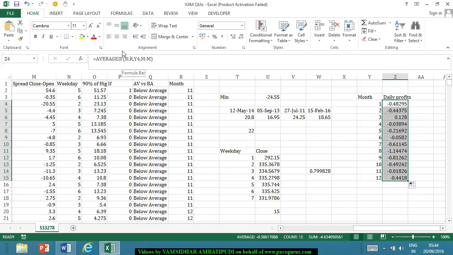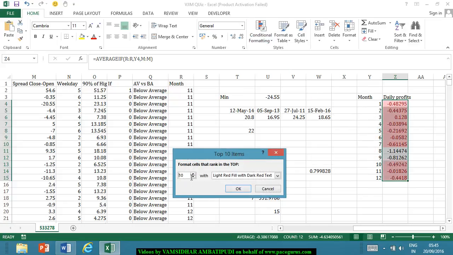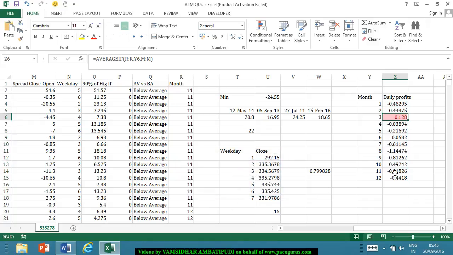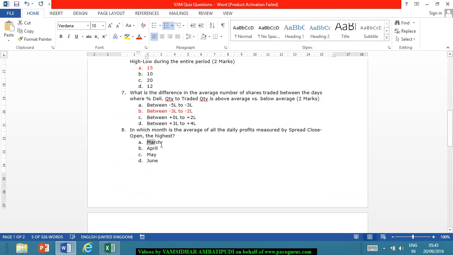Now I can very well find out which one is having the highest by doing a conditional formatting, top one item. It looks like the average daily profit is highest in the month of March. So I can very well mark this as my answer.